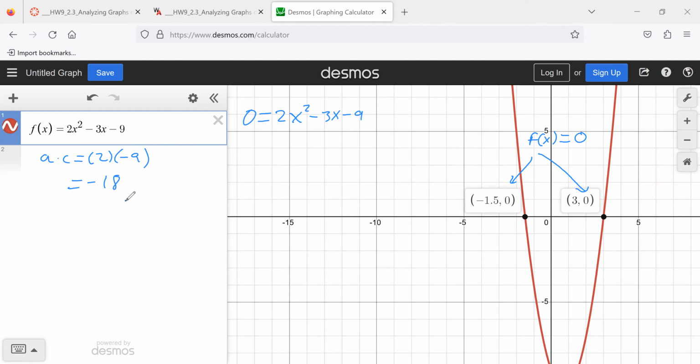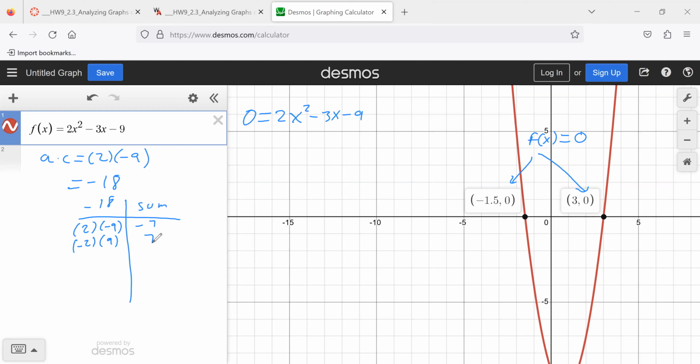So then you look at the factors of -18 and sum them so you get B. So 2 times -9, -2 times 9. That's not gonna work, right? What's a good factor for 18? 6 and 3.